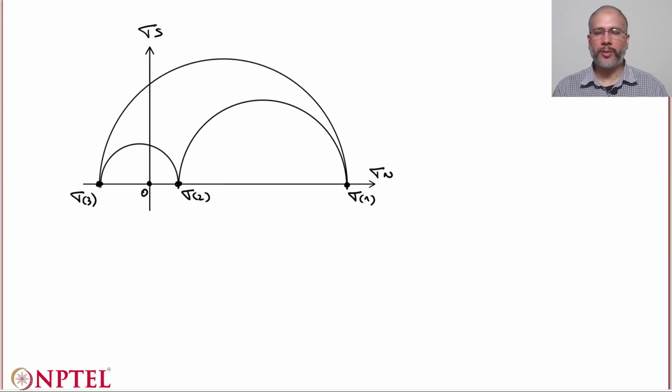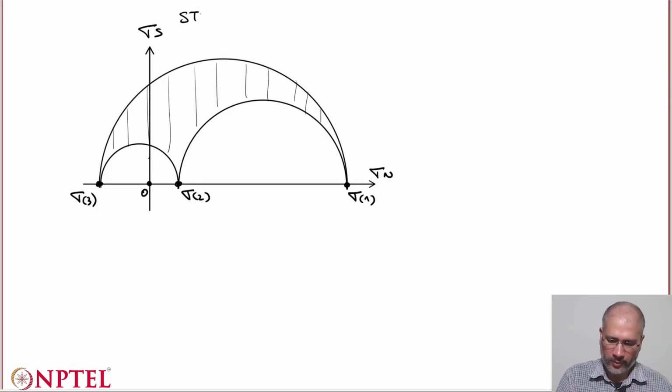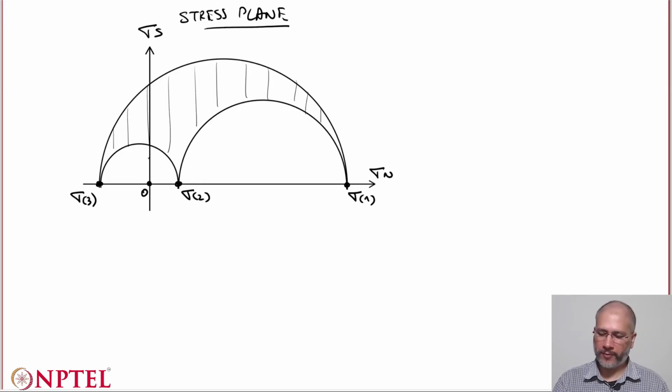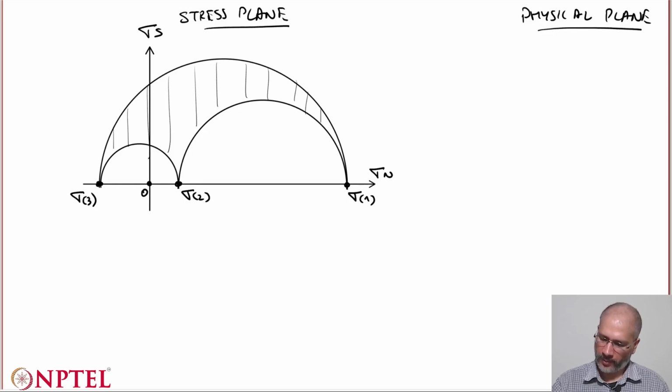And typically you will notice that Mohr's circles, or the feasible stress region, is drawn as only the region above the normal axis. So this is called the stress plane. And correspondingly, we also have a physical plane, which is our O x1 star, x2 star and x3 star axes.